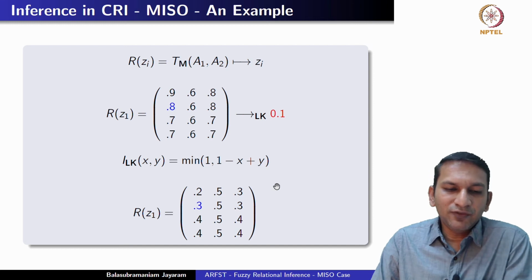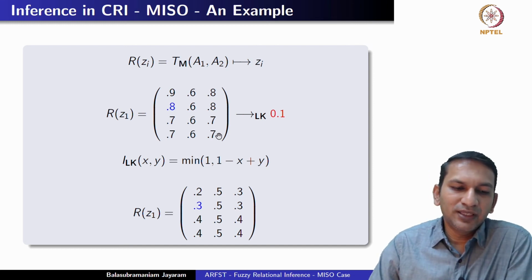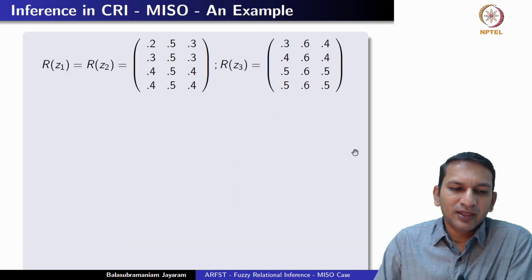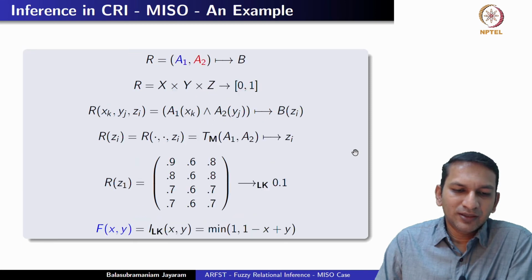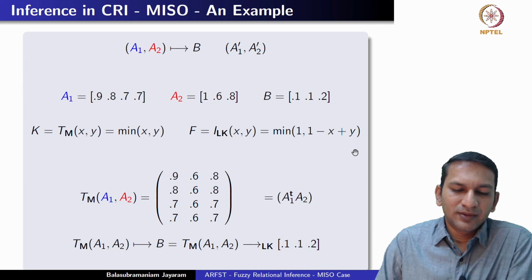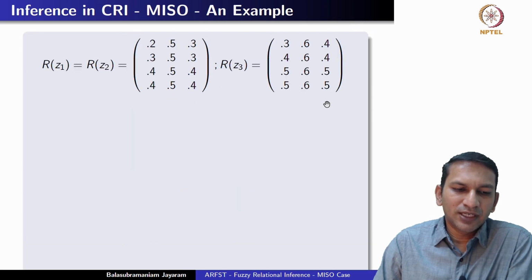And this is R of Z1, then we need to do R of Z2, R of Z3 also with this scheme of A1, A2. Since Z1 and Z2 are the same, what we would get is the same for R of Z1 and Z2, and R of Z3 is different.